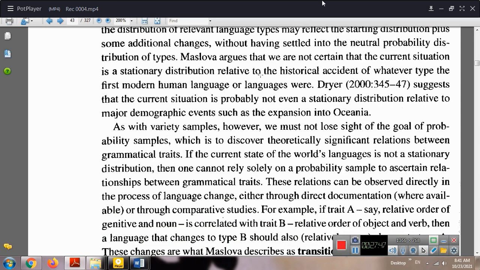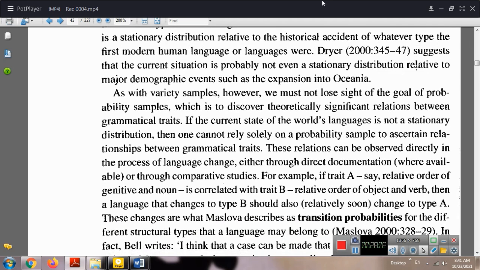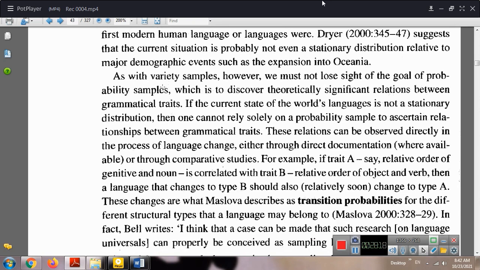Maslova argues that we are not certain that the current situation is a stationary distribution relative to the historical accident of whatever types the first modern human language or languages were. Dryer in 2000 suggests that the current situation is probably not even a stationary distribution relative to major demographic events such as the expansion into Oceania.